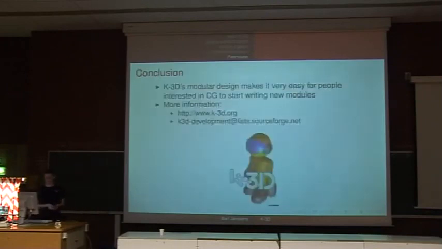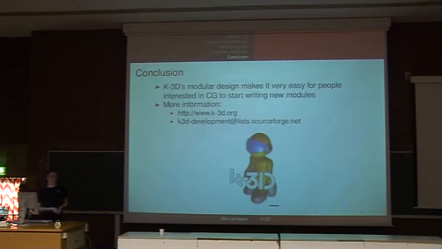So, as you can see, the modular design of k3d makes it very easy to get started writing your own code. You don't have to worry too much about the framework and everything. It's very easy to dive right in and to write a plugin that does what you want to do.